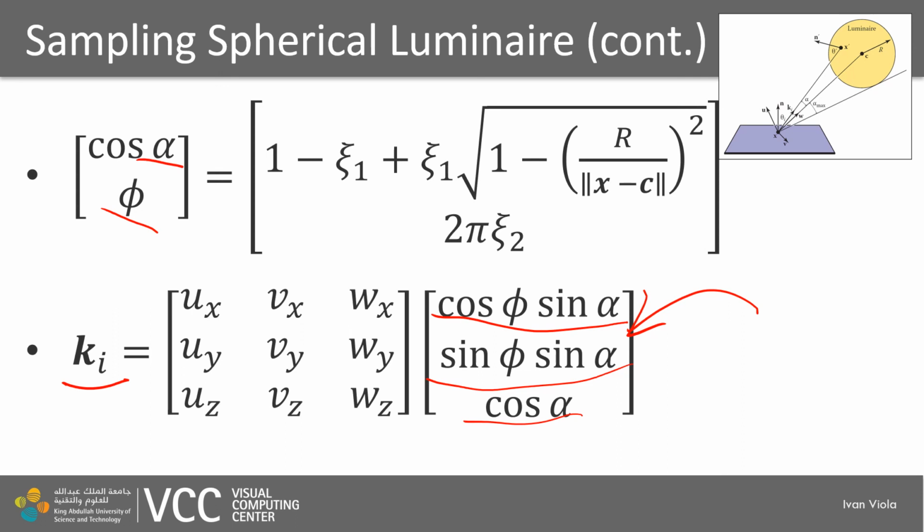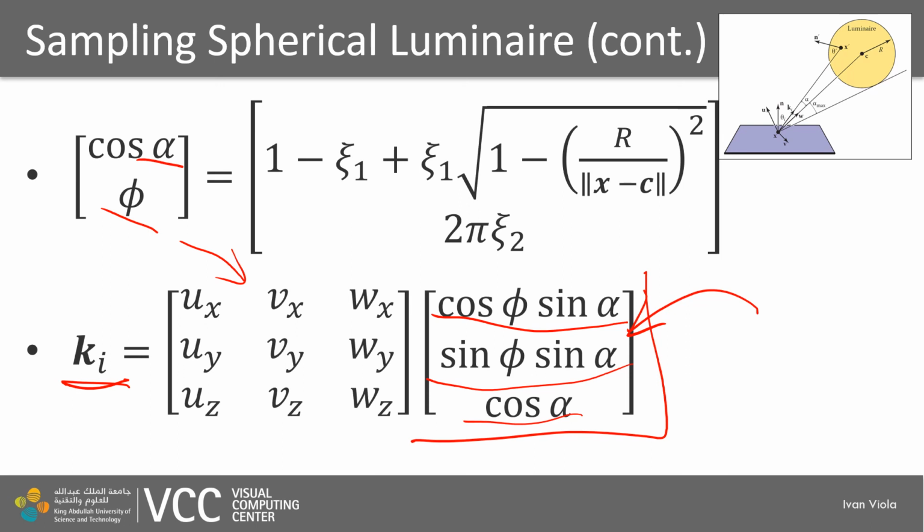If we have another coordinate system here, we need to simply perform a transformation of this vector in the canonical coordinate system to this UVW coordinate system, as we had in the transformation lecture earlier in the course. So this is how we can calculate the direction towards the light sample.